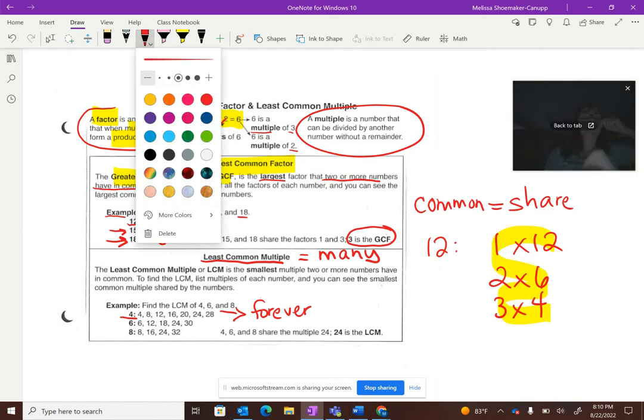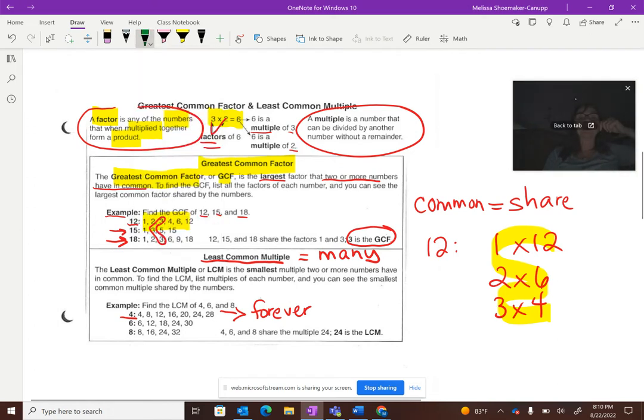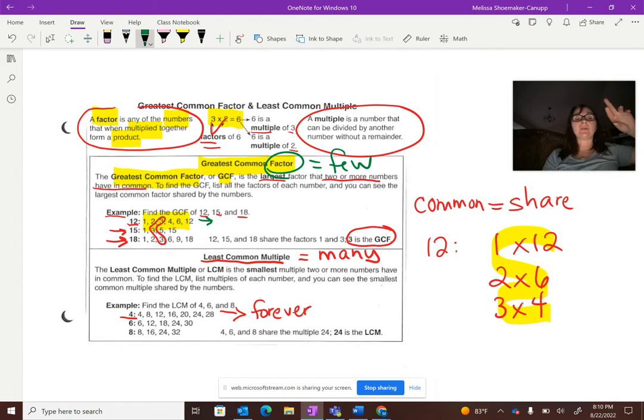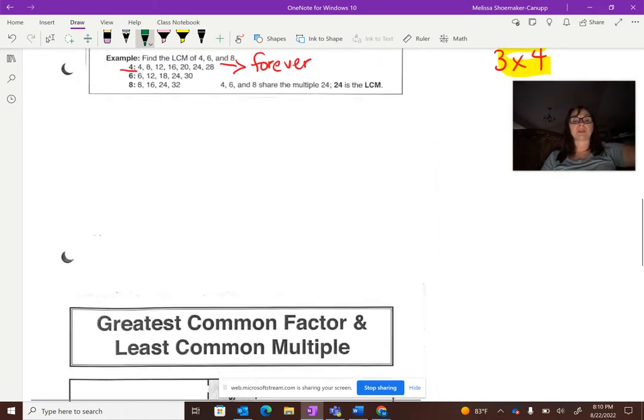Okay, now when we're talking about factors, they're few. When I get done listing the factors of 12, there's no more. 1, 12, 2, 6, 3, and 4. Nothing else times another number equals 12. I run out. Okay, that's how I keep it straight. That might be a good way for you to keep it straight too.